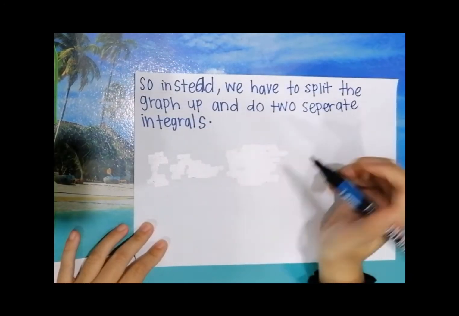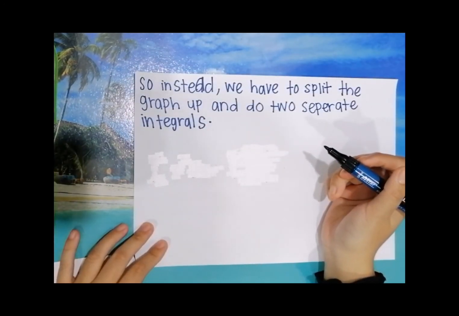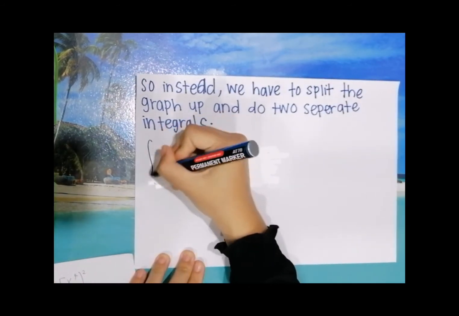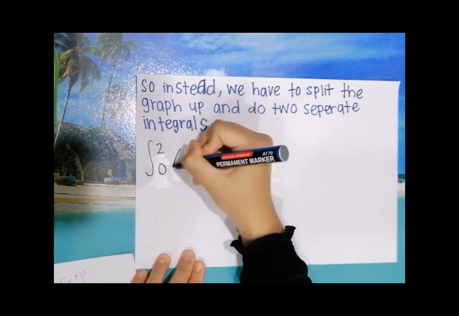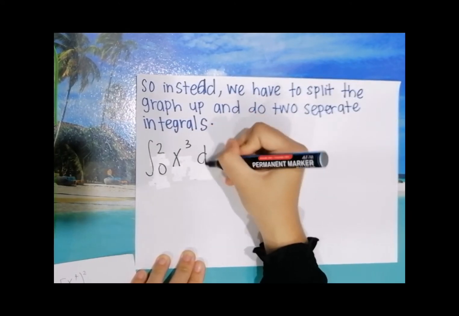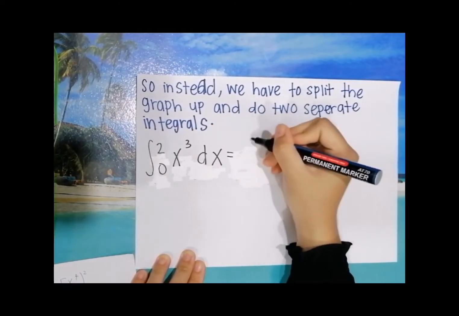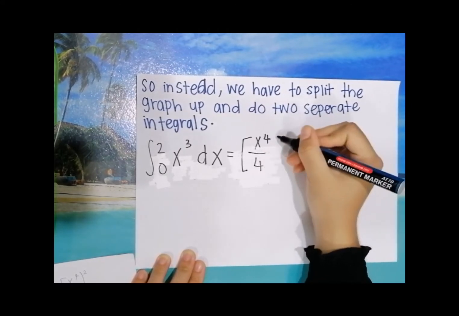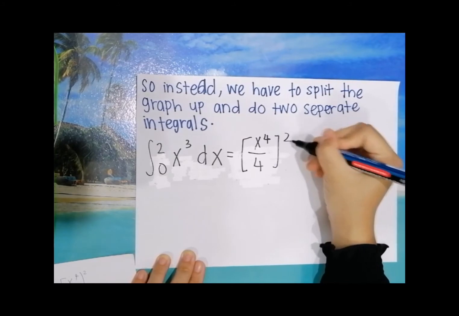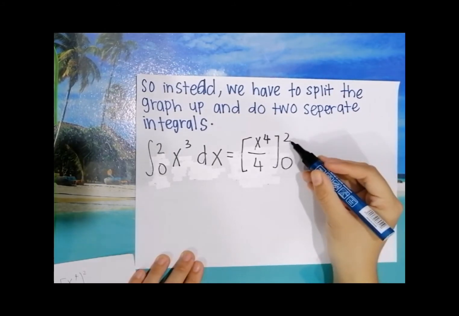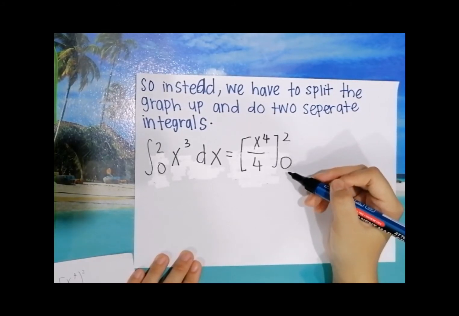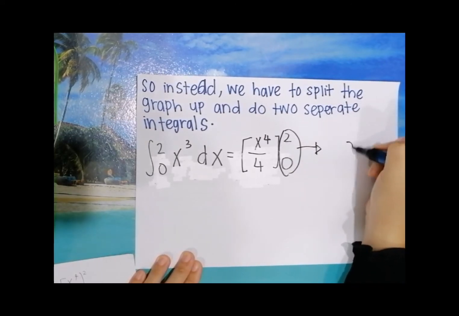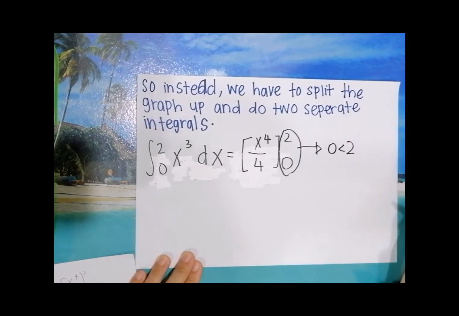Then the answer is 0. So instead we have to split the graph up and do 2 separate integrals. Which is integrate from 0 to 2 of x cubed dx is equal to x to the power of 4 over 4, between 2 and 0. Why do we put 2 up and 0 down? Because 2 is bigger than 0.